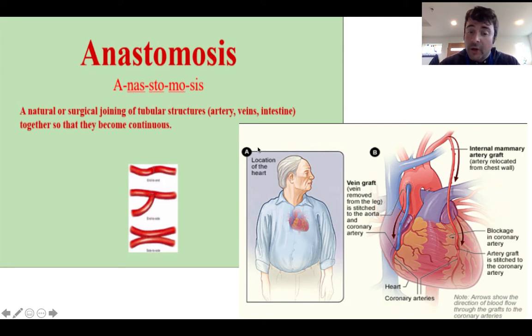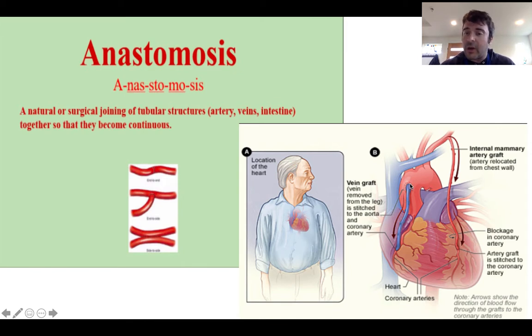So, for a surgical anastomosis, an example I'll give you is, let's say that you had a blockage in the coronary arteries, and I don't know if you've ever heard of something called coronary bypass surgery. But in coronary bypass, let's say you have a blockage in the anterior interventricular artery and in the right coronary artery.